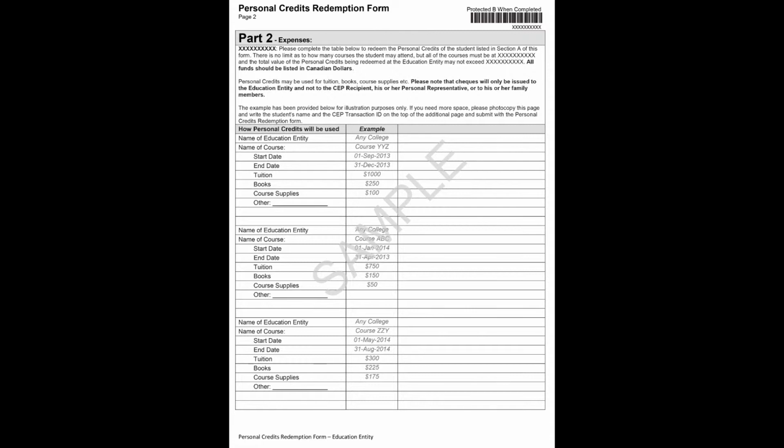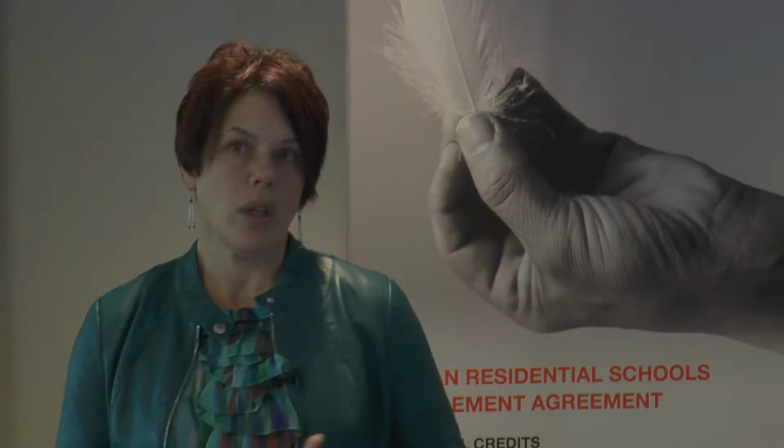An institutional invoice could be used, or you can use page 2, whatever works more efficiently. But it's important that if you're using your own institutional expense invoice, that you identify the program date and the course date, the course program, and all of the expenses.